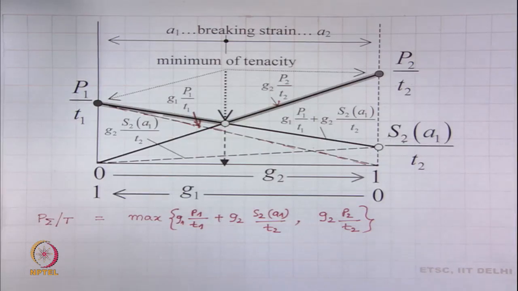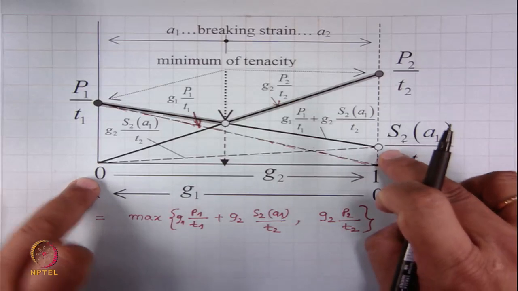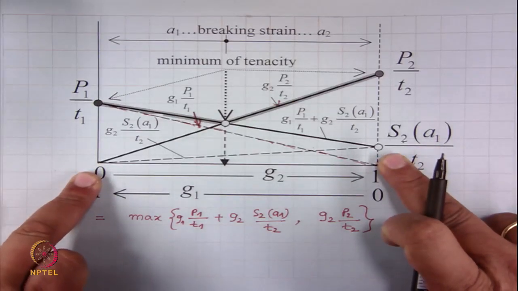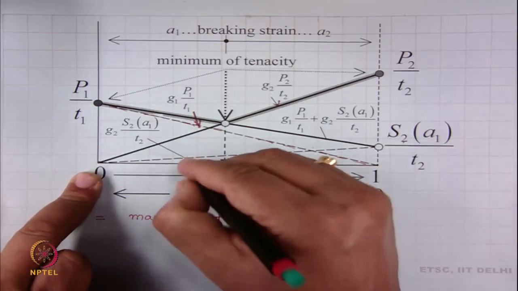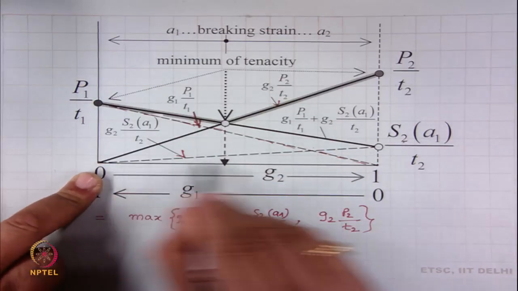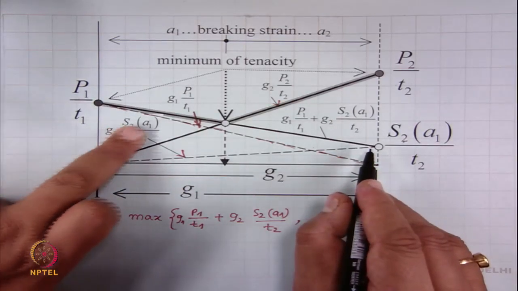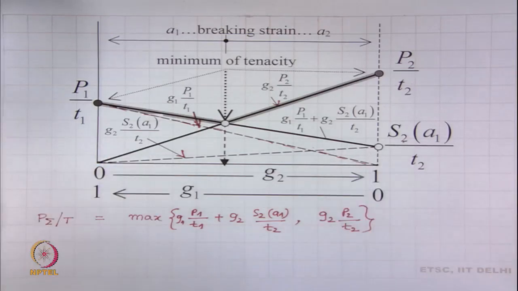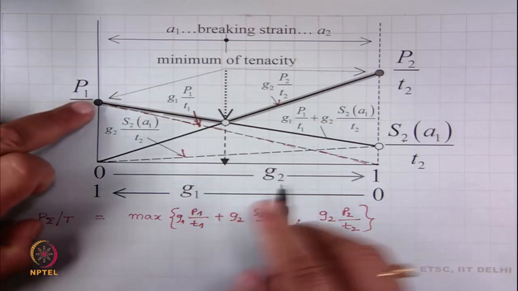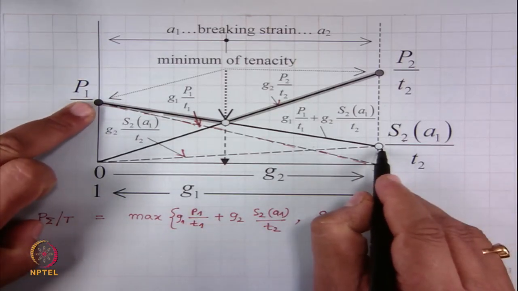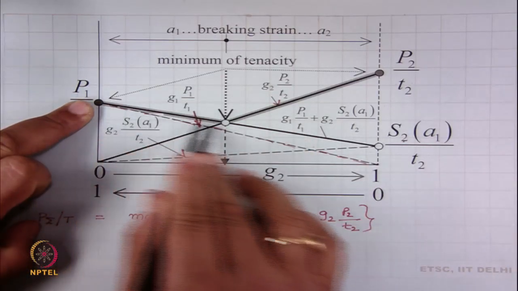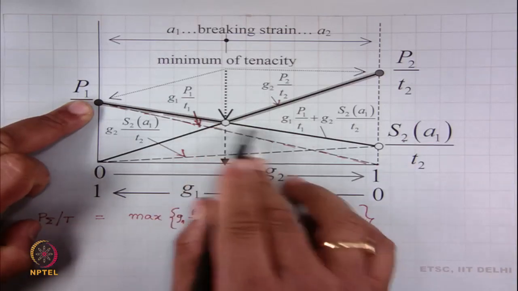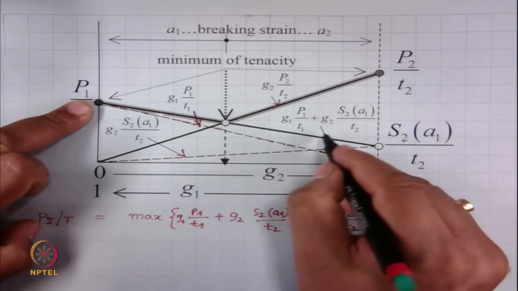Similarly, the line joining between these 2 points gives you G2 S2 A1 by T2. So, this dotted line gives you G2 S2 A1 by T2. And what are these two joining lines? This line gives you G1 P1 by T1 plus G2 S2 A1 by T2.